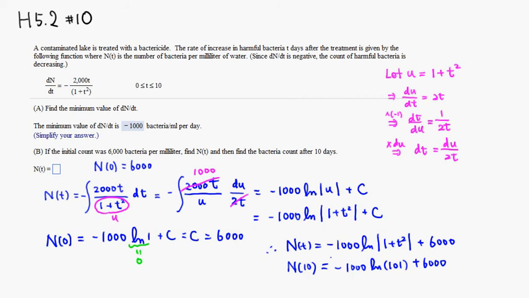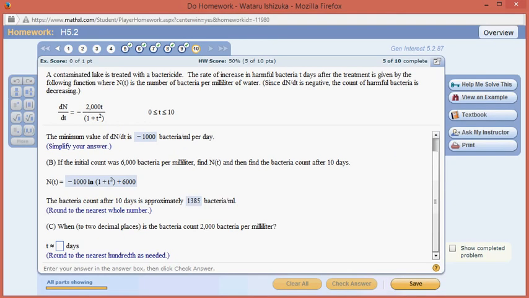We just need to, running out of space, but let's set that equal to, so N of t is right here. N of t is negative 1000 natural log of 1 plus t squared plus 6000, and we want this to be 2000.